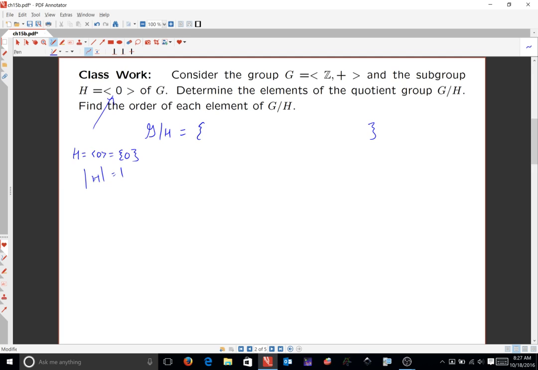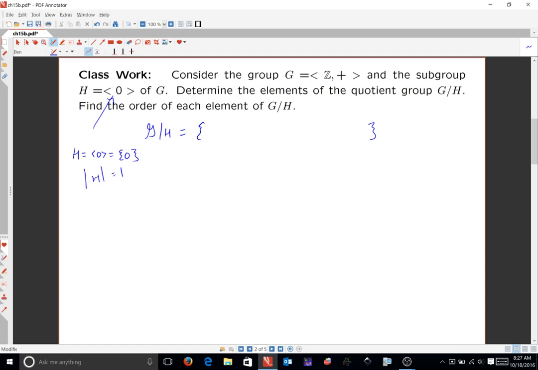The order is the number of elements. Now explain that. The order of each element is infinity? G goes up forever, so the order is infinity because that's how many elements.